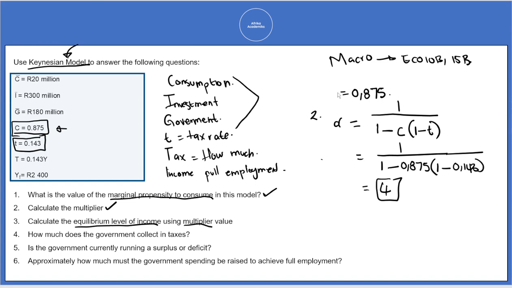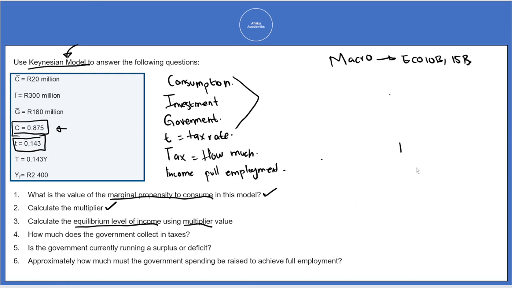Okay, so the formula for calculating equilibrium level of income is Y, that small o there, and then you'll have this times A. Remember this is the multiplier that we calculated, right?